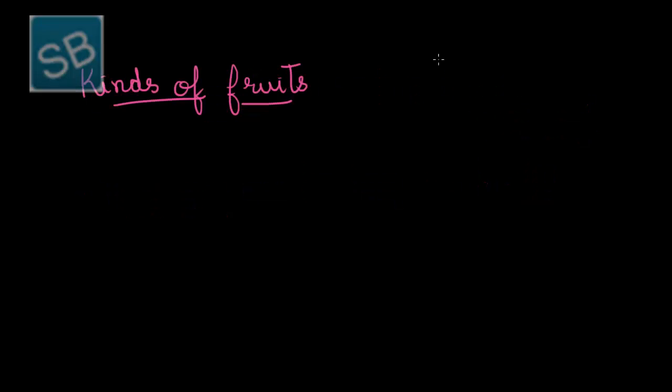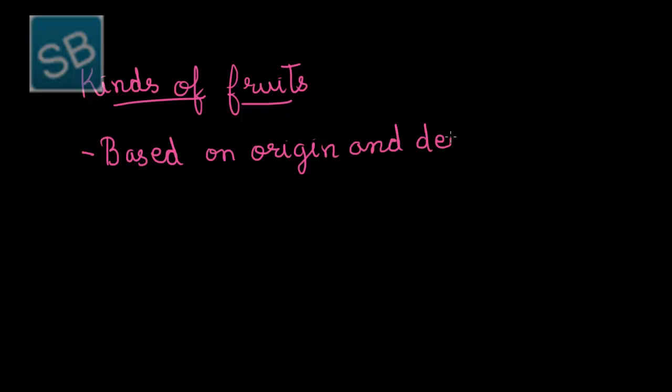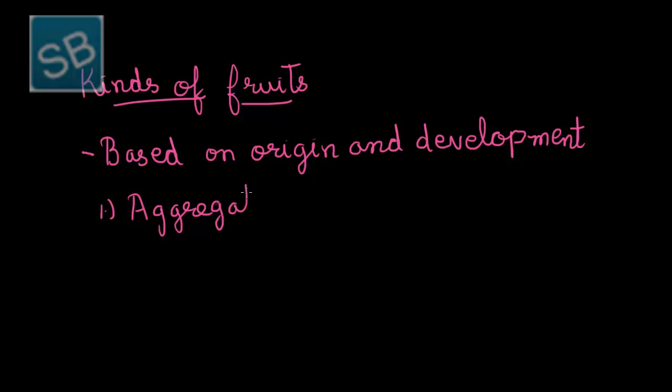Till now we have understood the structure of fruit. Now let us understand the kinds of fruit. Now, based on the origin and development of the fruit, fruit is basically of three kinds: aggregate, composite, and simple.